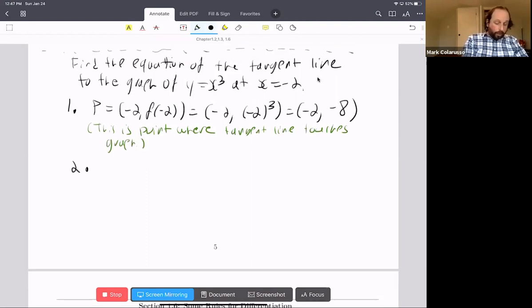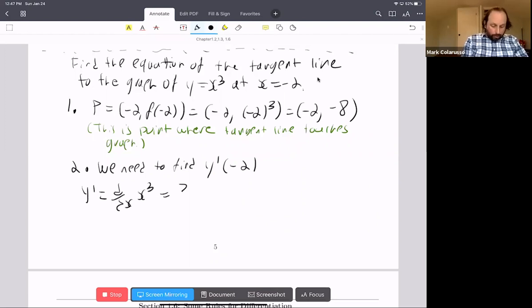Okay, find the derivative. We need to find y prime at -2. What is the slope of the tangent line at -2? Now this y prime we can get from the power rule. It's the derivative of x cubed, so the 3 comes down and you drop the exponent by 1.